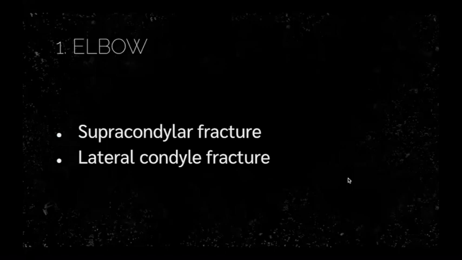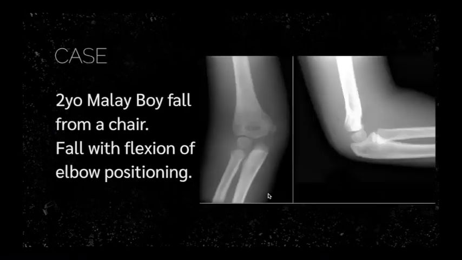As for the elbow, the most common one, of course, is the famous supracondylar fracture, and the second one is the lateral condyle fracture. Right, so this is a case of a 2-year-old boy who fell from a chair in a flexed elbow position. All right, so on AP view, probably it's fairly normal, but on the lateral view, we can see, because there are a lot of lines that we need to scrutinize on the elbow radiograph.